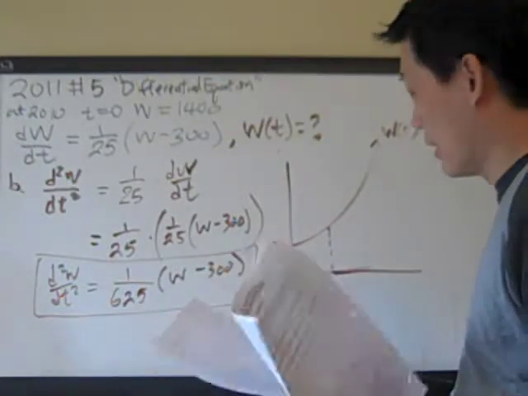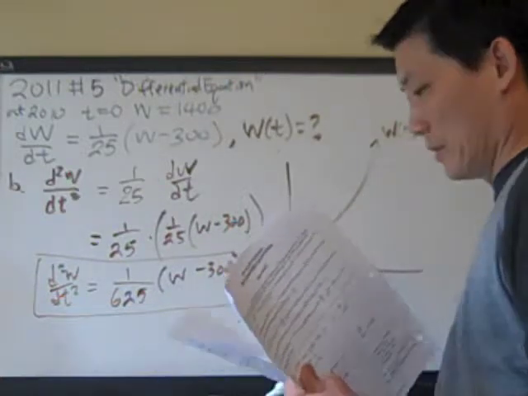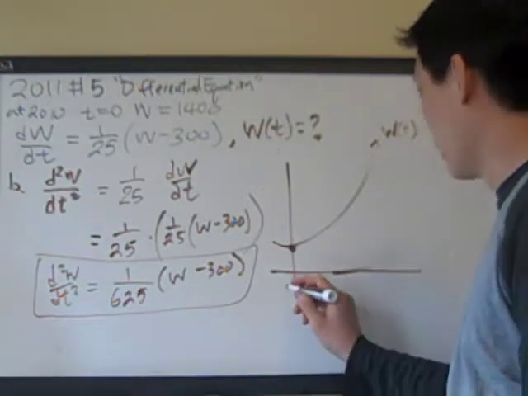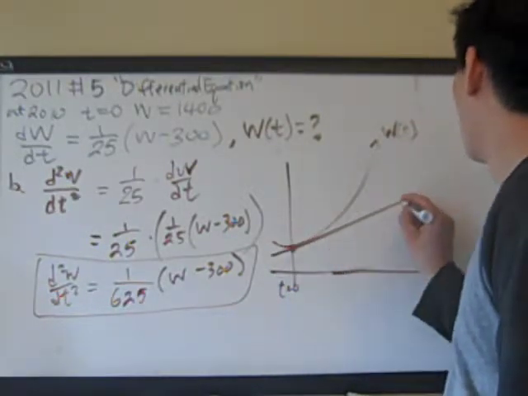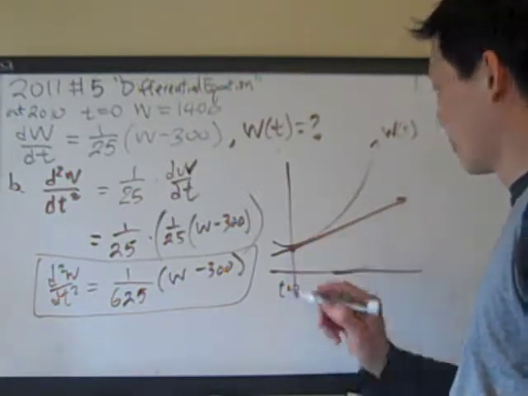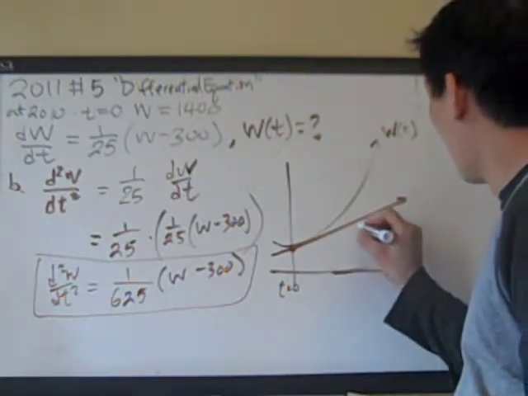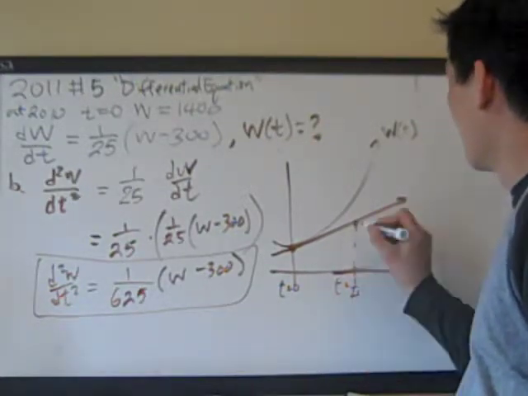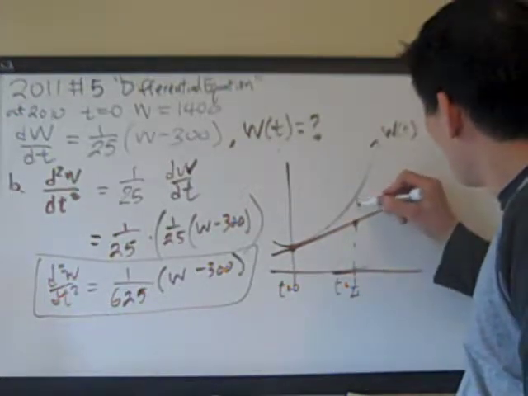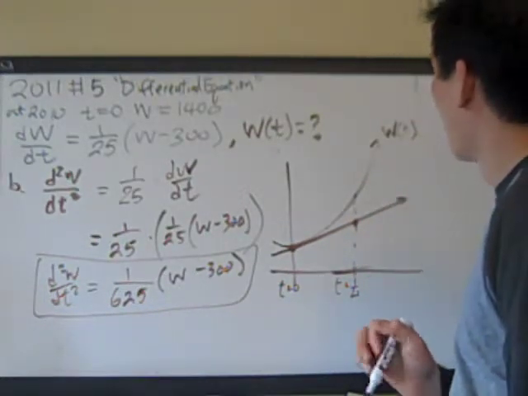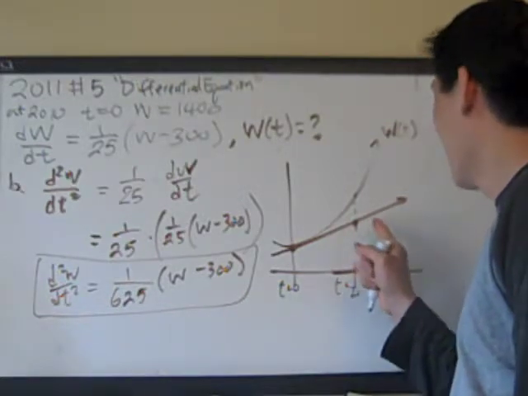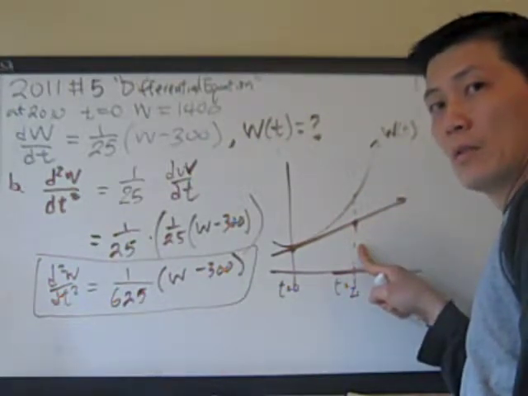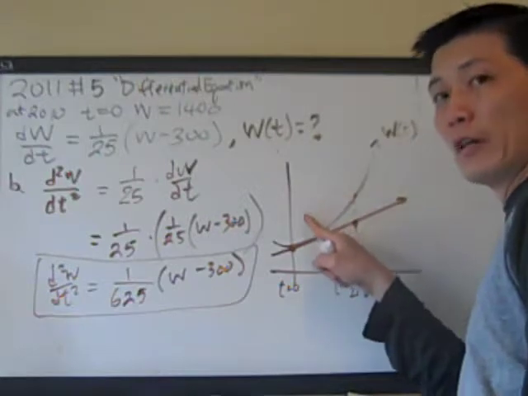We use a tangent line, in fact at t equals 0, using a point right here to draw a tangent line, and we were trying to estimate the value at t equal to 1/4 to see if the estimation is close to the true value. Now, with this particular graph, our estimation will be an underestimate of the true value. Why?